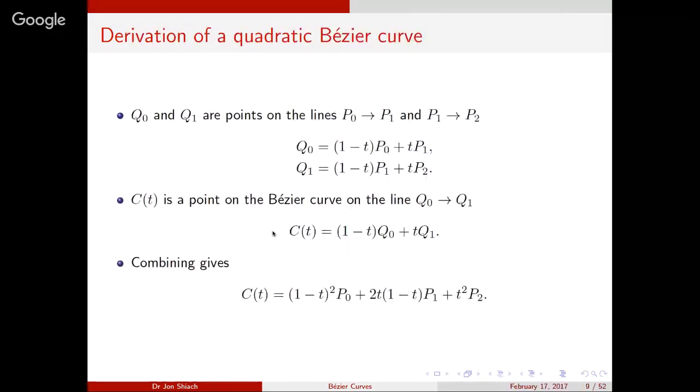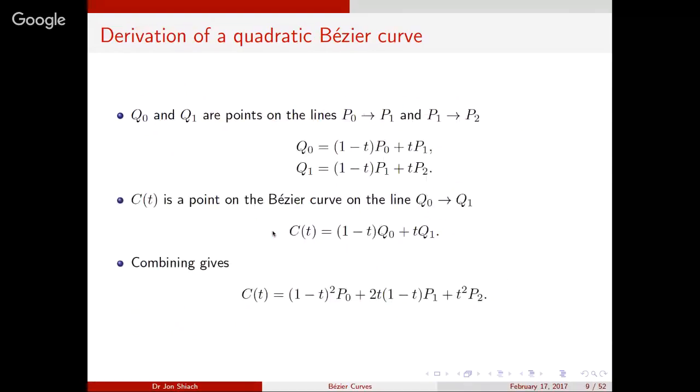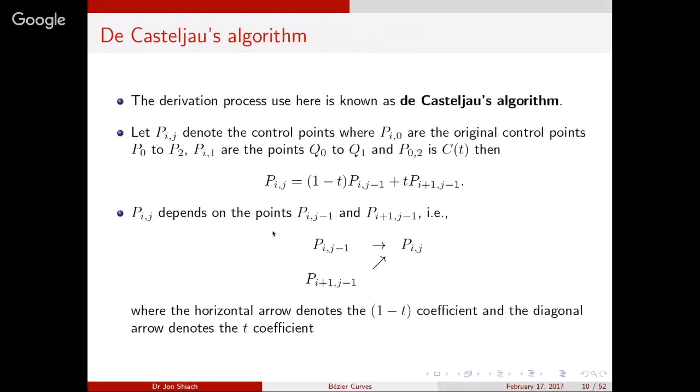So if I go back to this one, P0, P1, and P2 are our initial control points. When j is equal to 1, we have what we call the first level control points. So those are our Q values. And then when j is equal to 2, we have our value on our curve.